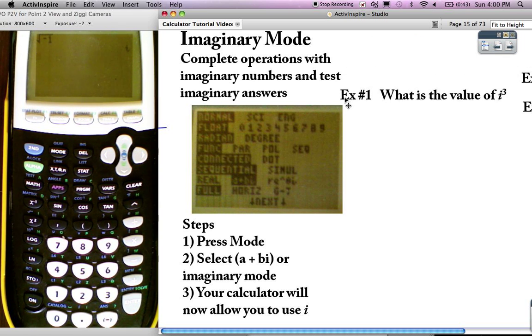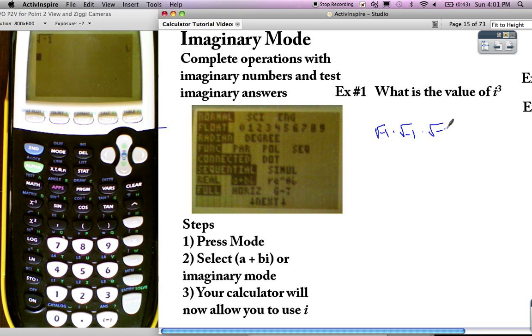First off, what is the value of i to the third? If I were to do the problem by hand, I would think, okay, that means square root -1 times square root -1 times square root -1. Now, if I multiply these, I'm going to get -1 times square root -1.